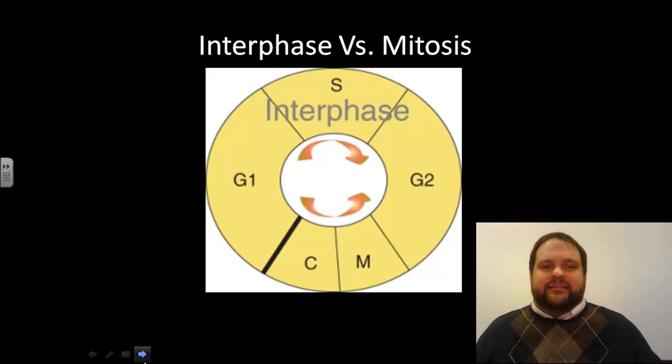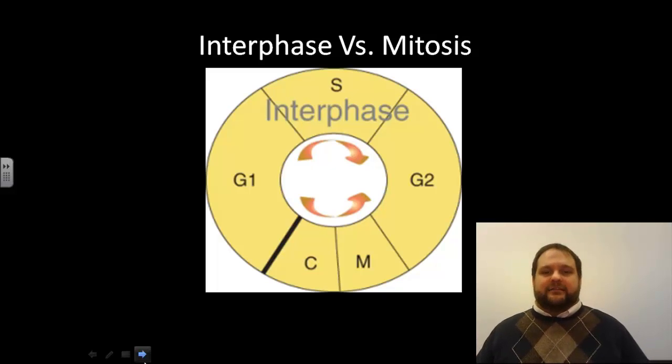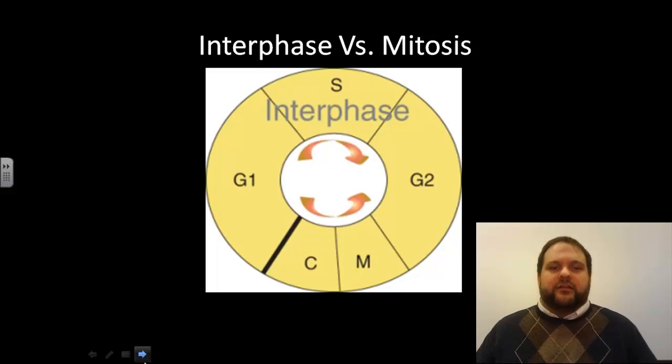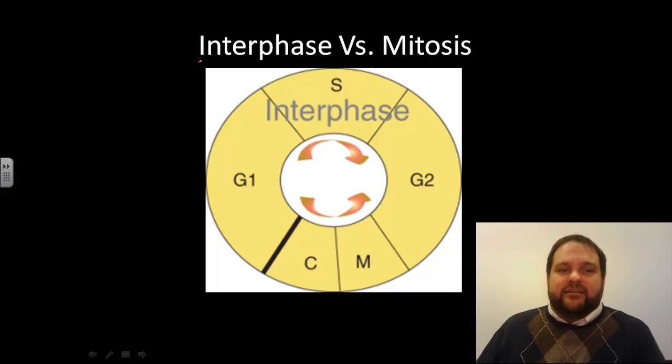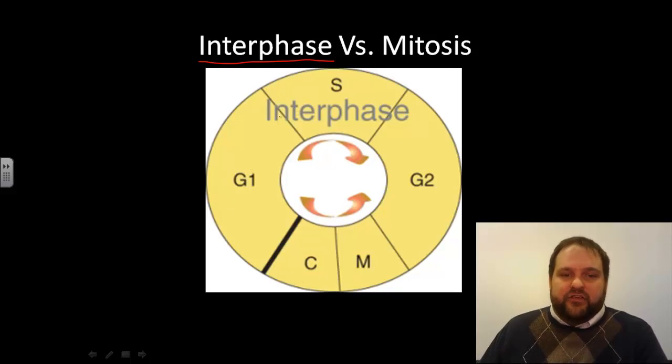A couple terms I want you to keep in mind. This idea of interphase versus mitosis. Two terms you're going to see a lot. This term interphase basically means everything other than mitosis. So if we look down here, here's our cell cycle. We have G1, S, G2, and we'll talk about all those. And then we come down here and we have M, and this M stands for mitosis.